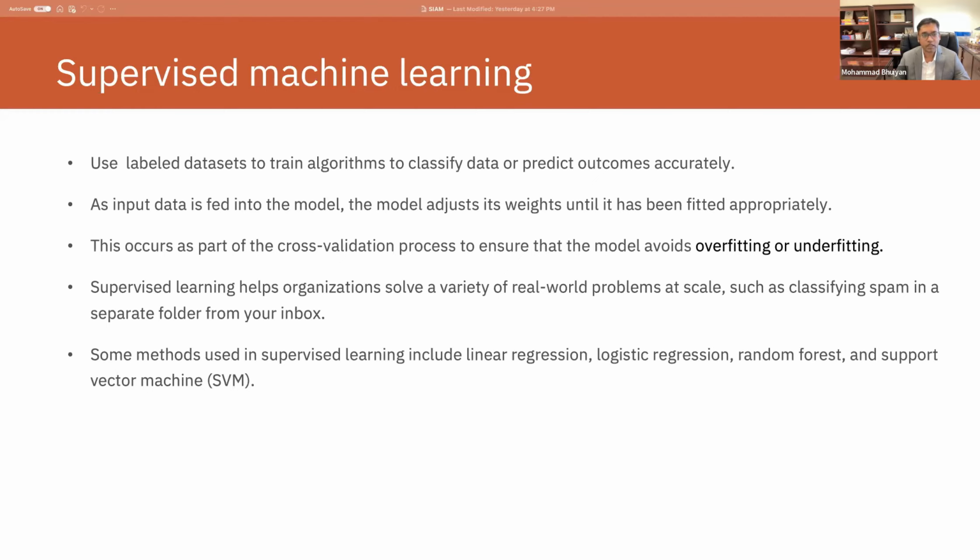Some of these supervised machine learning models are linear regression, logistic regression, random forest, and support vector machines. Before, I talked about linear regression and logistic regression, but I didn't talk about random forest and support vector machines. Random forest is a classification model where you want to classify, suppose, any kind of disease group of people.